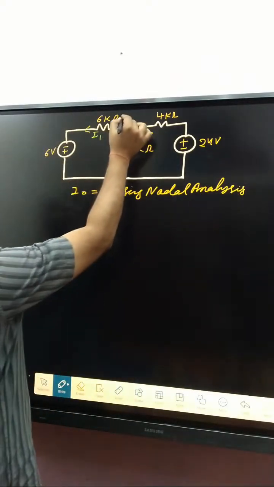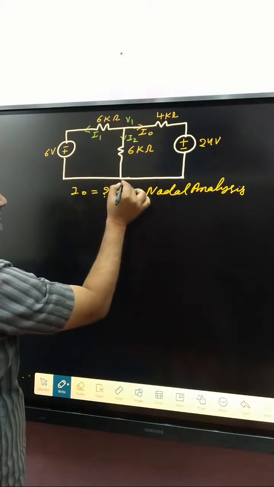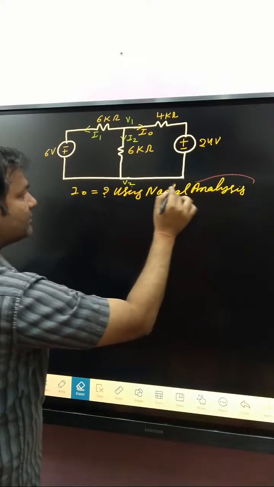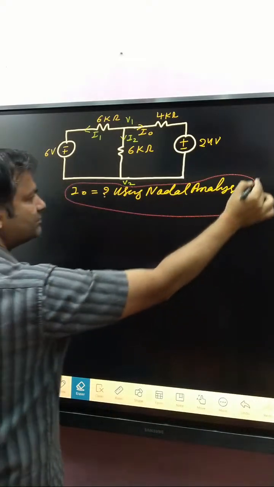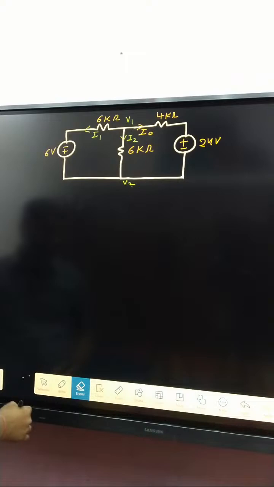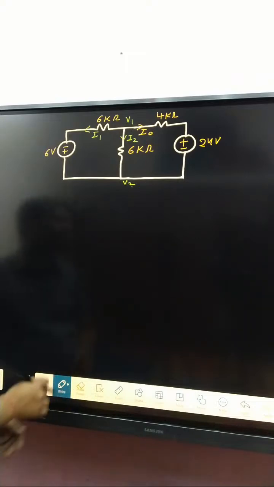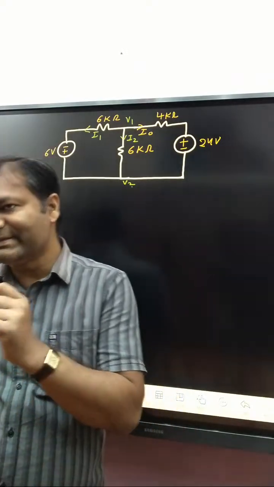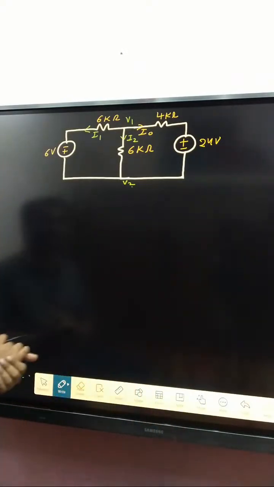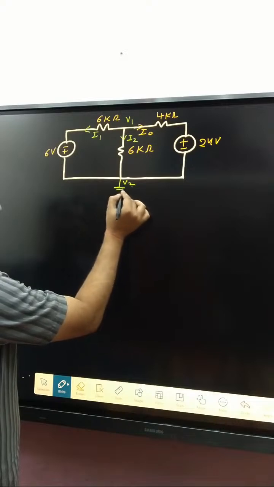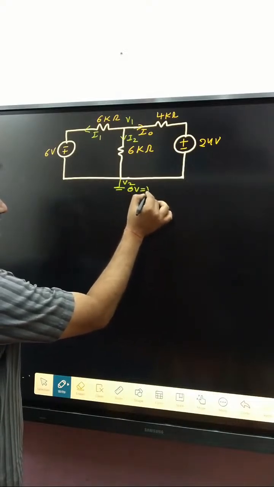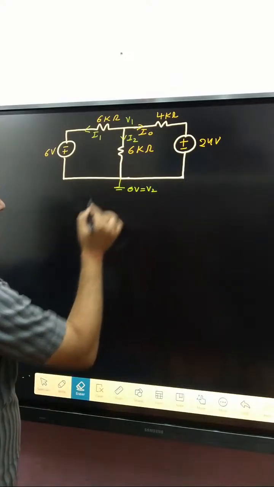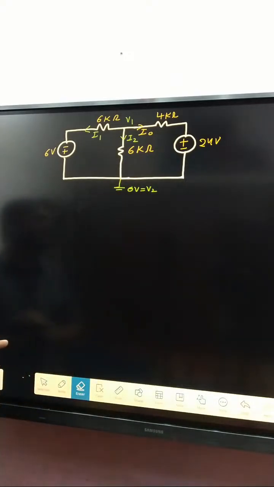So this one is considered V1 and that one V2. Third step, consider one node as a reference node. Reference node means 0 voltage. That means V2 is equal to 0 voltage.